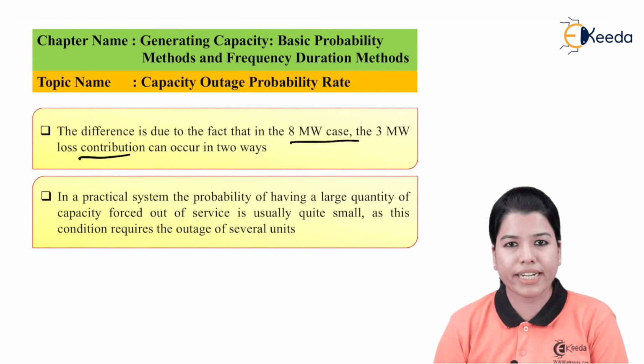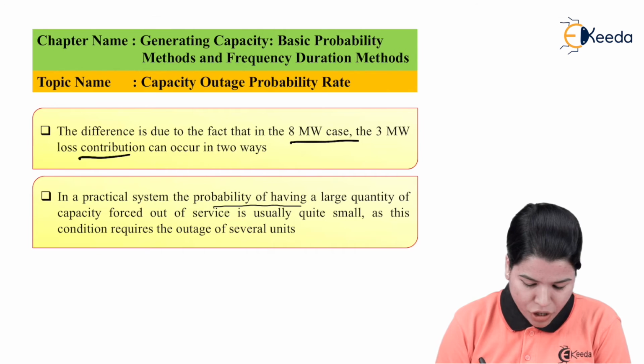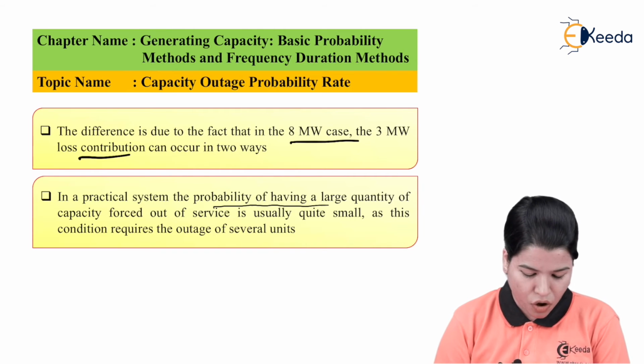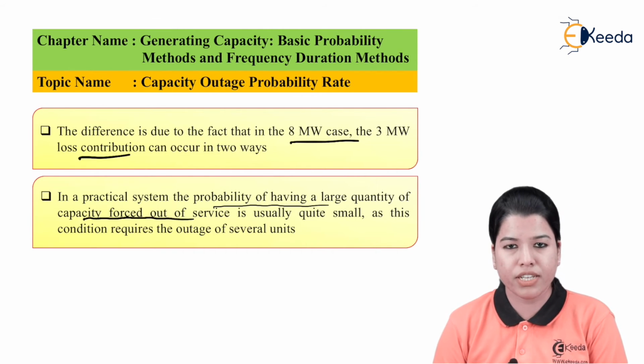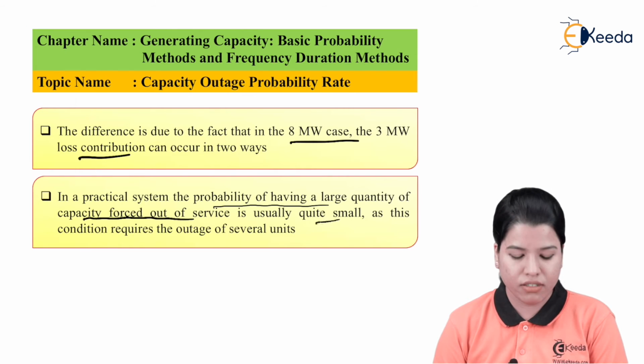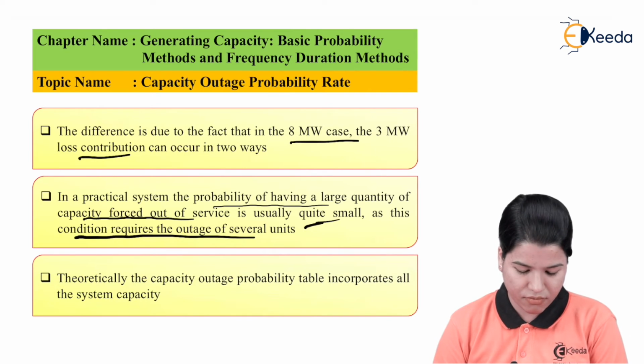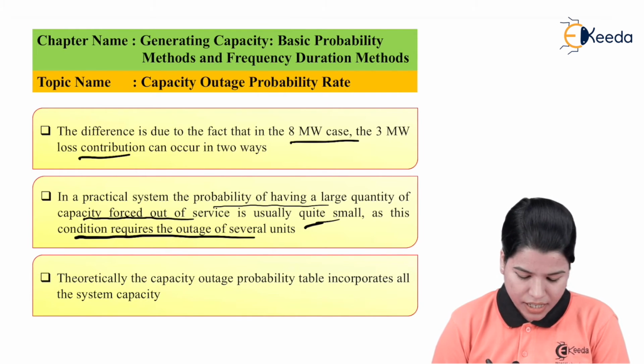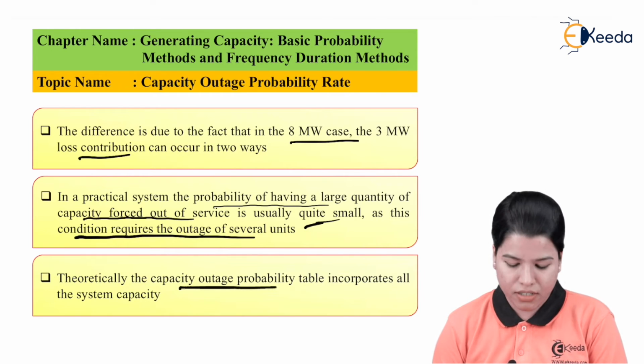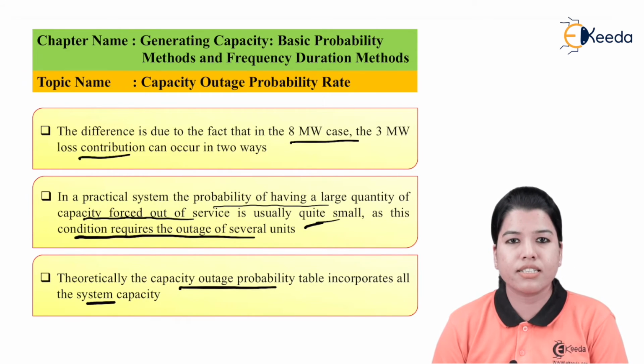So if we consider the practical system, then the probability of having a large quantity of the capacity forced out of service is usually quite small, as this condition requires the outage of several units. Theoretically, the capacity outage probability table incorporates all the system capacity.